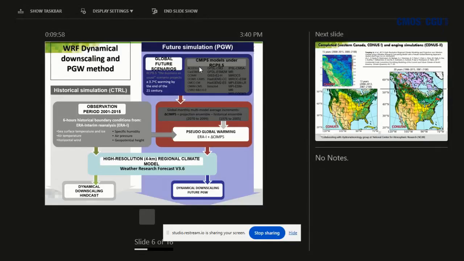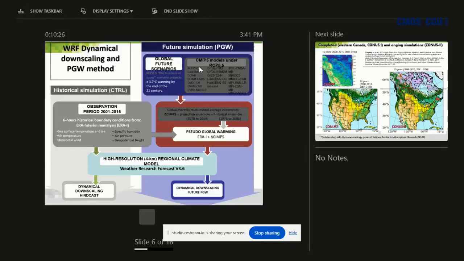And the flow chart tells us how to do the simulation. For the current climate, it's a dynamic downscaling: we use ERA-Interim to force the 4 kilometer WRF and regenerate the historical conditions. For the future climate simulation, we select 19 good GCMs and average their monthly output, so it's an ensemble mean of these 19 models.